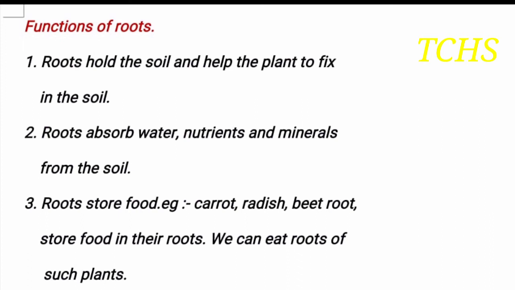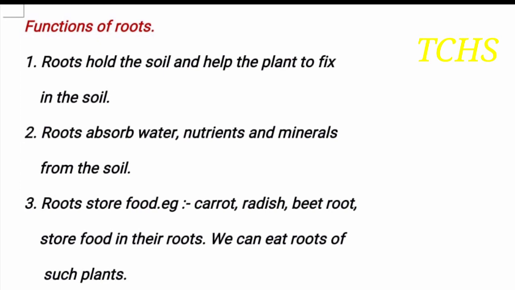Next, third function, roots store food. Example, carrot, radish, beetroot store food in their roots. We can eat roots of such plants. Children, how the fruits are storing food, in the same way roots also store food. So what are the examples? Carrot. Children, we will eat carrot, beetroot, radish, isn't it?